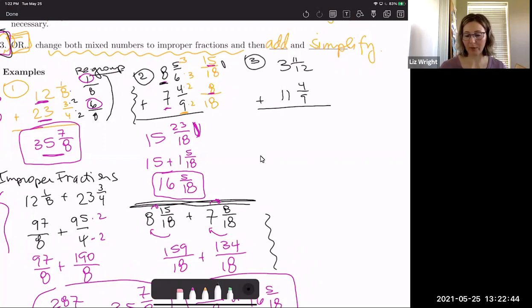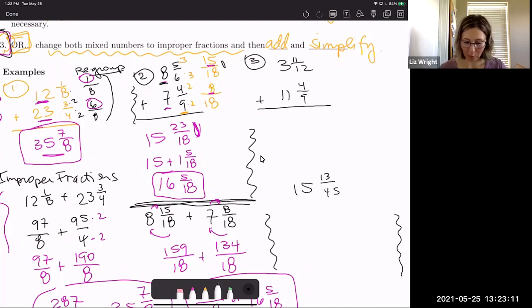I want to be able to see you guys do the regrouping way where you're adding your mixed numbers. And then I also want to see you change it into improper fractions down here and then add it. And you should end up with the same exact answer. And then that would be a great way to check your work. So the answer that you should be getting for both of them, you should be getting 15 and 13 over 45 for this one.